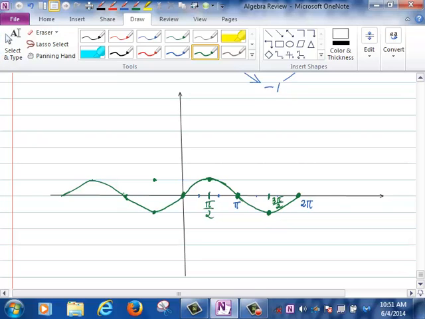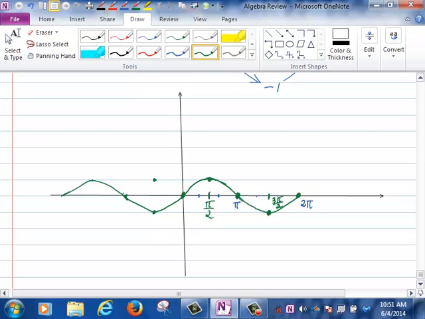Is everybody okay? You take the part that you have between 0 and 2 pi and you shift it right here. You're not reflecting it. It's important.